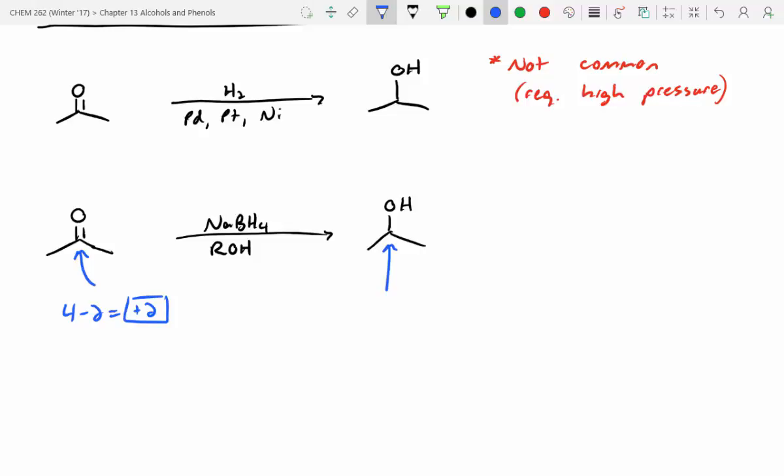And then over here, what's the oxidation number now going to be? There's a hydrogen, so don't forget about the hydrogen. It would be 4 minus 4, so 0. So in this case, you can tell we're gaining 2 electrons.